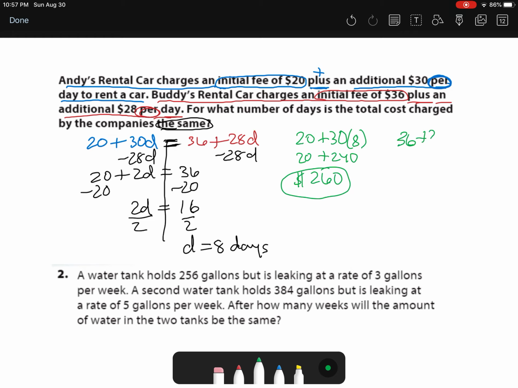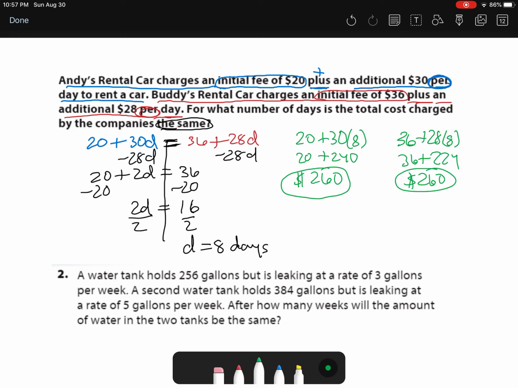If we plug it in right here, we get 36 plus 28 times 8 equals 224 plus 36 equals 260. And just like we said, no matter which company you use, if you're going to rent the car for 8 days, it's $260.